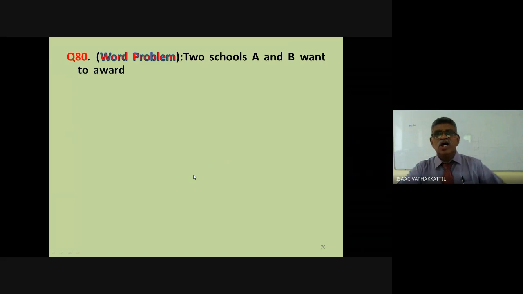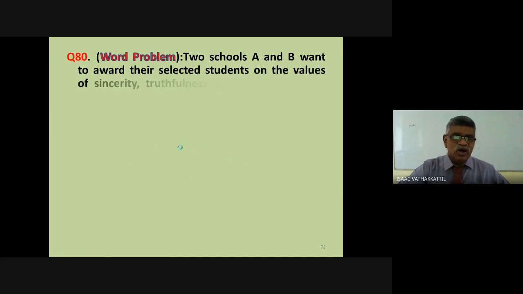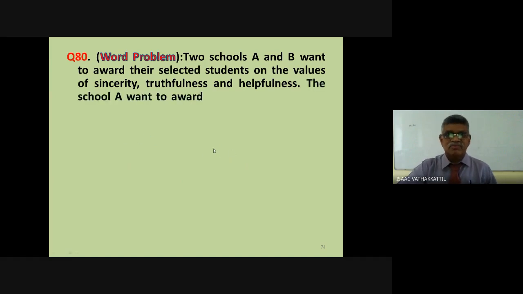Read very carefully. Two schools A and B want to award their selected students on the values of sincerity, truthfulness, and helpfulness. What are the qualities? Sincerity, truthfulness, helpfulness.